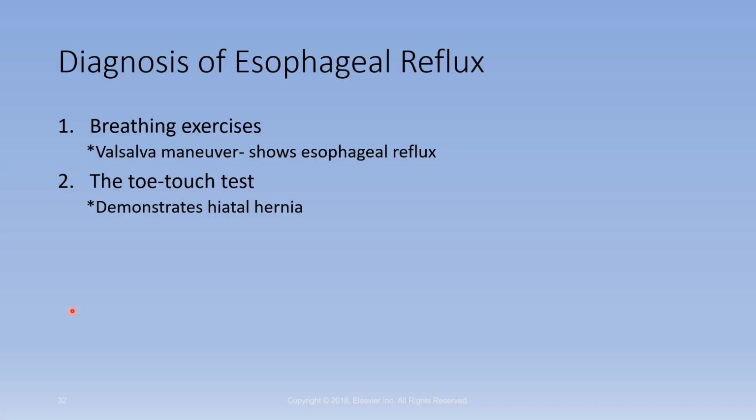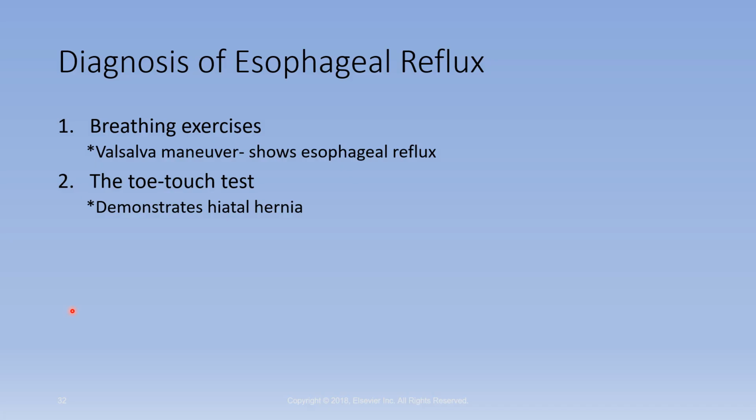And what that does is it forces air against the glottis. A lot of times if that's the case, then you can actually see the barium come back up out of the stomach into the esophagus, and it starts to reflux. So that is one way, by them performing the Valsalva maneuver.